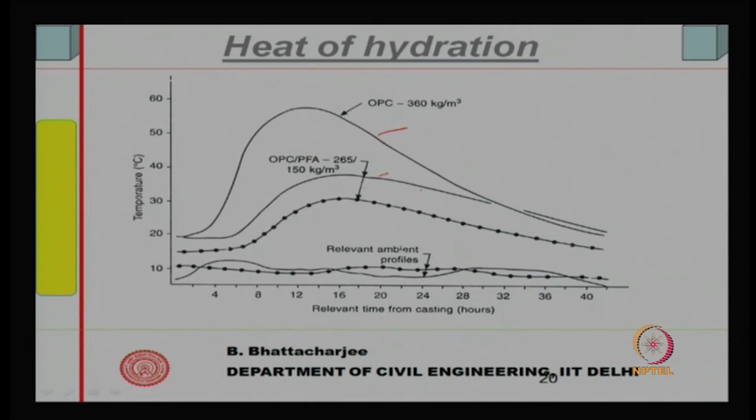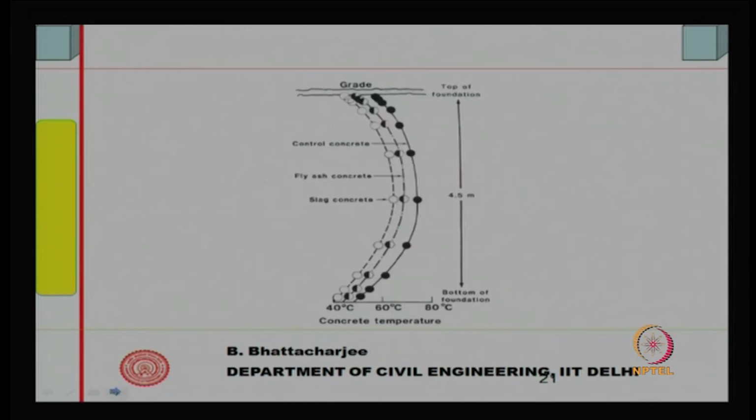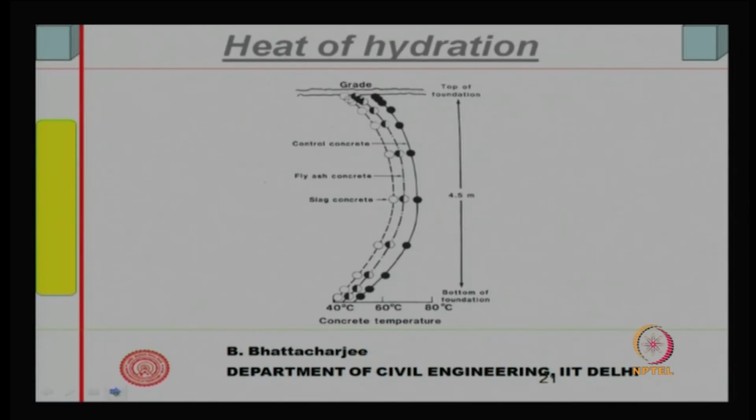So, this is 265 OPC, this is OPC 265 plus 150 kg of fly ash, and the ambient profile in the two cases is what is shown. So, actually temperature rise is much less when you use fly ash, and this diagram also shows the same thing.